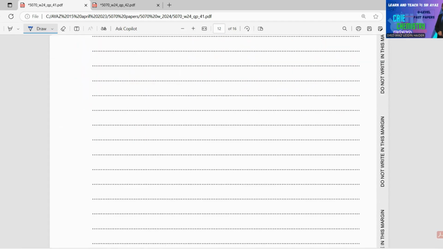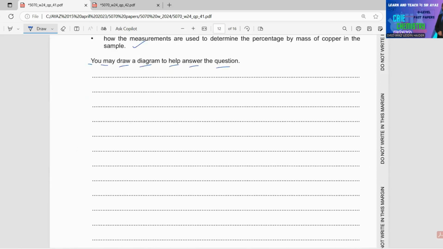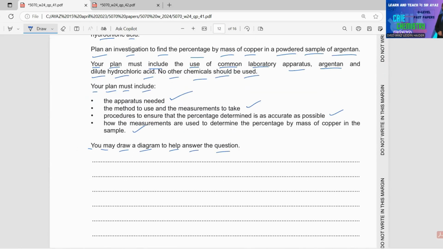If you look at the total mark for this question, it's of 6 marks, and they gave space also for the diagram. So how are the marks divided? You have 1 mark from each section.